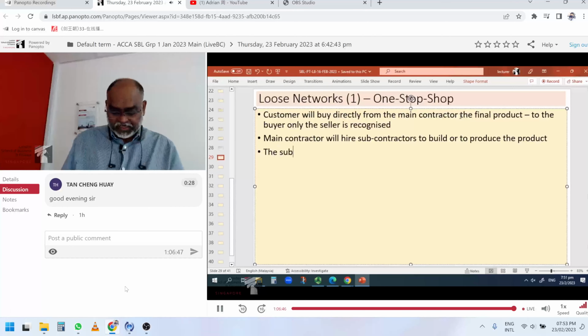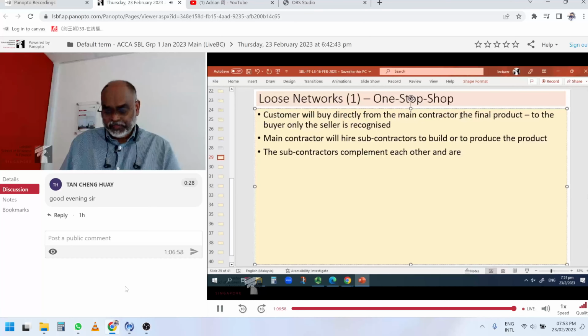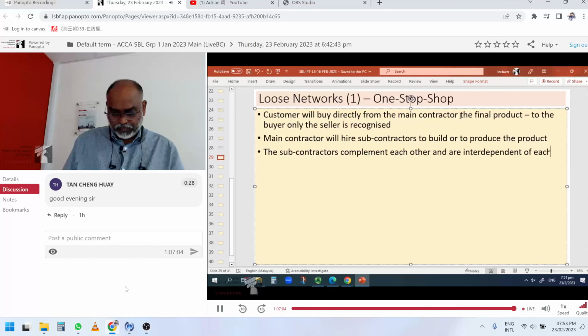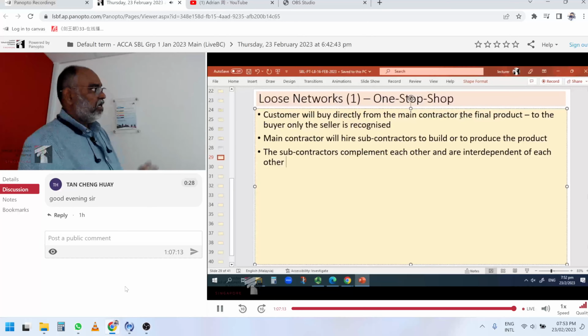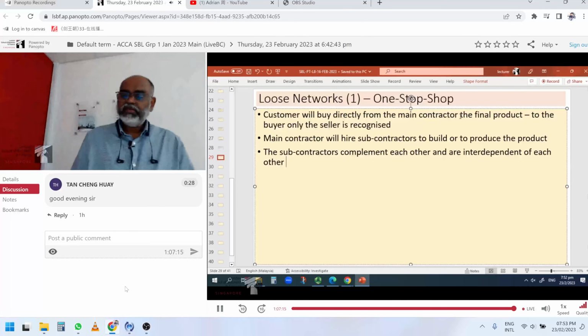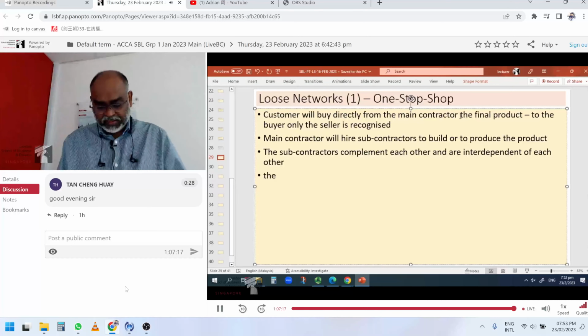These subcontractors complement each other and are interdependent of each other. What we mean by interdependent of each other is the output of one contractor will become the input of the other contractor.